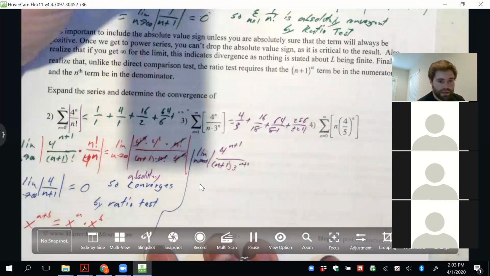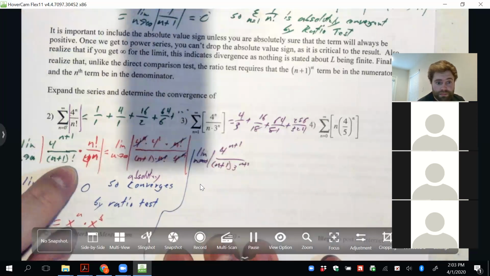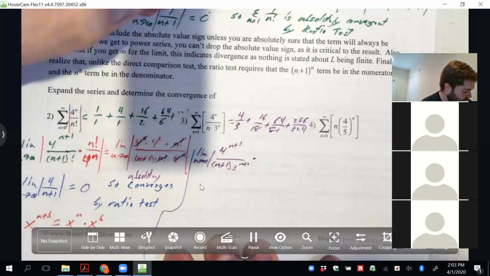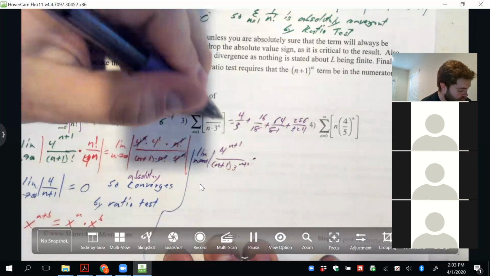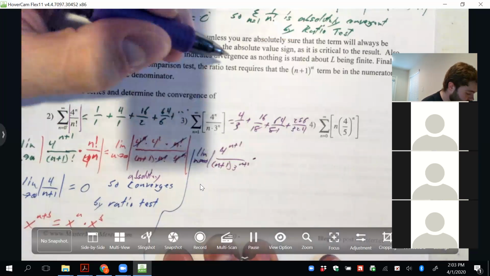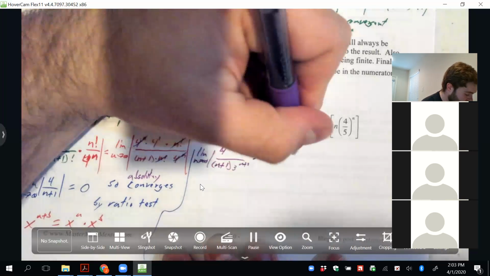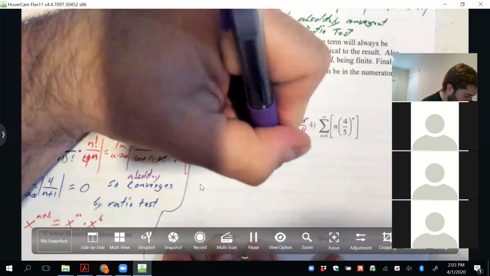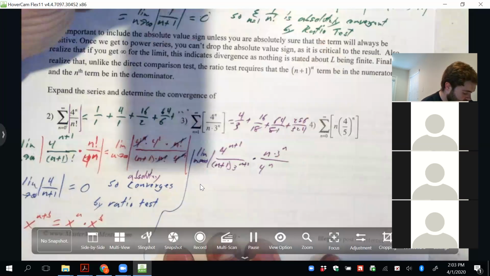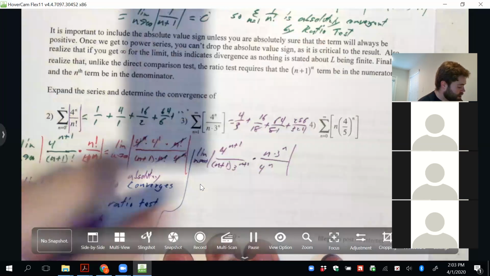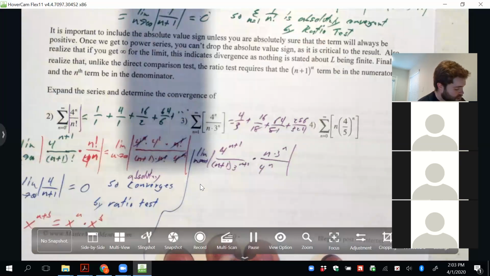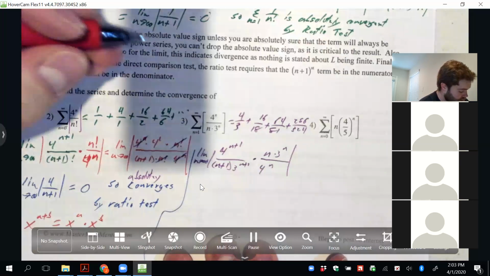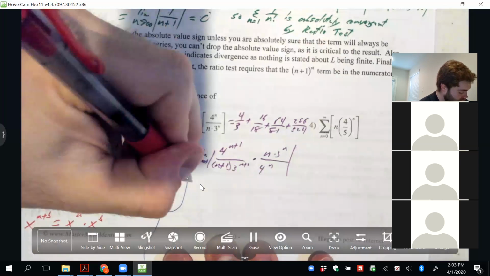Like I did on this one, I'm going to flip and multiply the other fraction. So then it's going to be times the a sub n expression flipped: n times 3 to the n over 4 to the n. And that's what we want to figure out. We'll go through the same process as I did on the last one, splitting some stuff up.